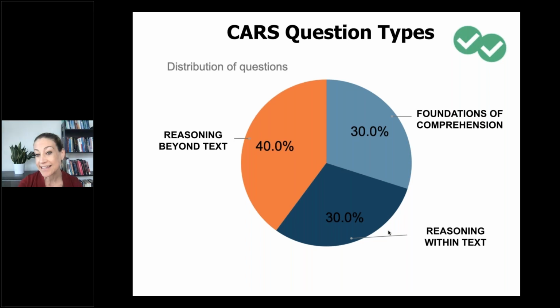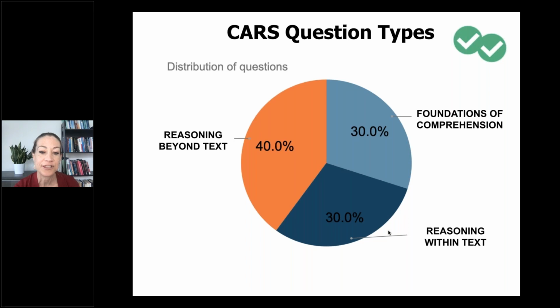In the ACT, that's actually 80-something%, and in the SAT, I think it's 40-something%. Part of what students find challenging in CARS is that they don't see a bigger component that is just asking you details about the passage. Instead, you see these other 2 categories.